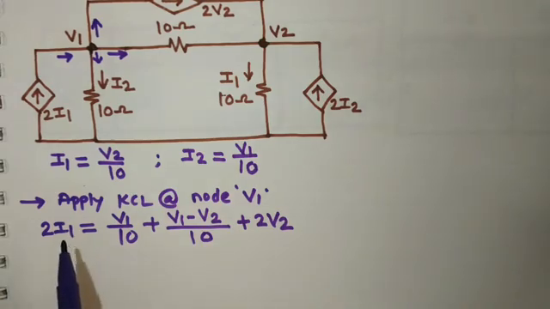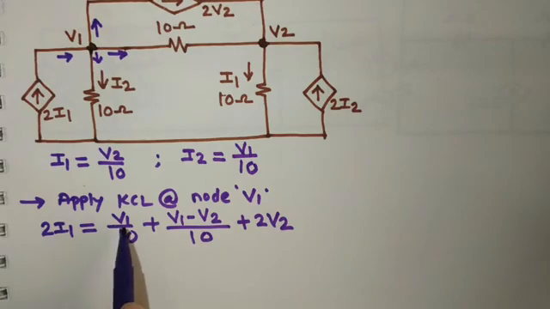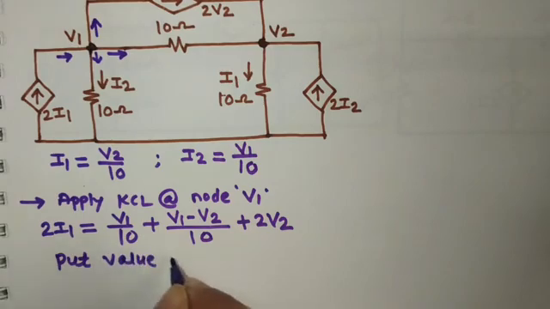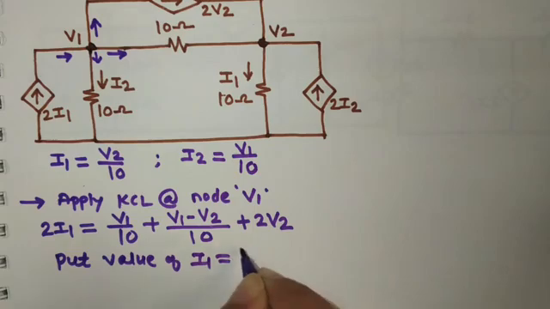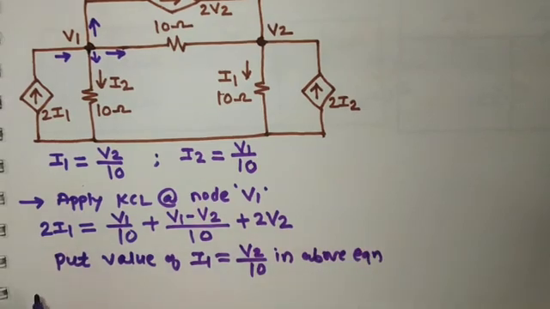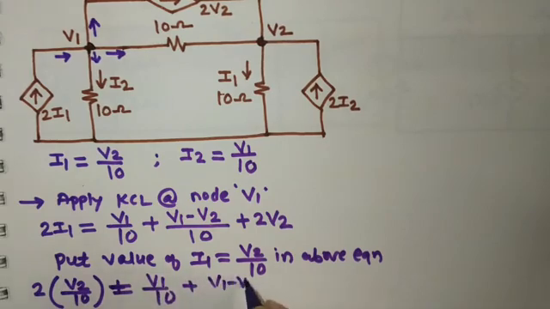In nodal analysis, we always want an equation in terms of node voltages. So here in this equation we have I1 terms. So what we will do is put the value of I1, which we have already written as V2 upon 10, in the above equation. So when we put this I1 value, V2 upon 10 times 2 is equal to V1 upon 10 plus V1 minus V2 upon 10 plus 2V2.